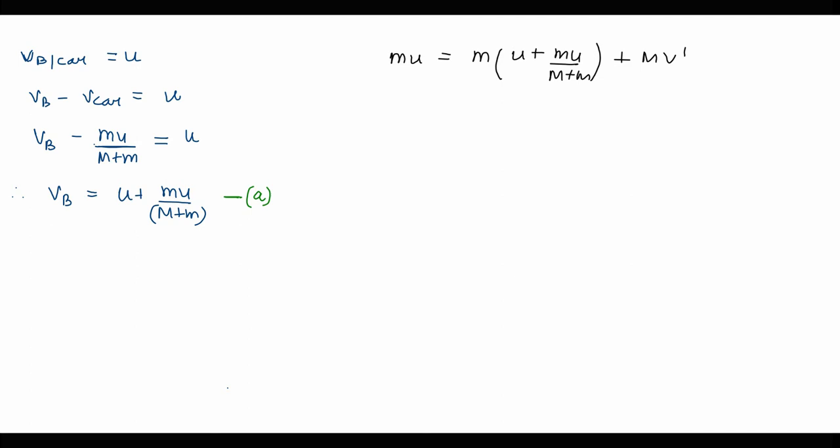This part we have already calculated from equation number A, and v dash is the recoil velocity of the railroad car post the man jumps.